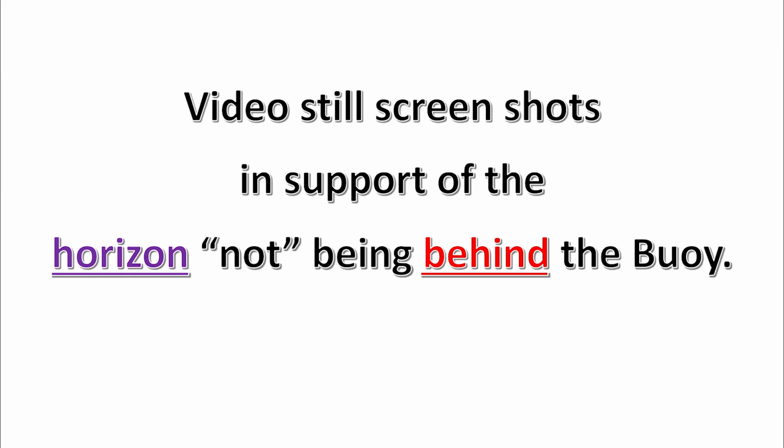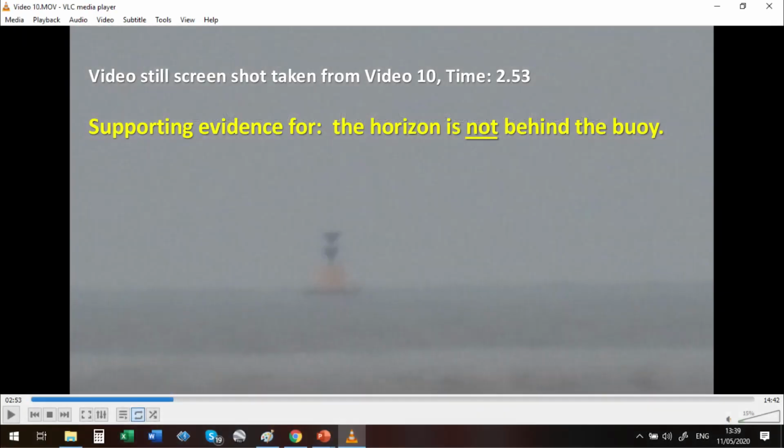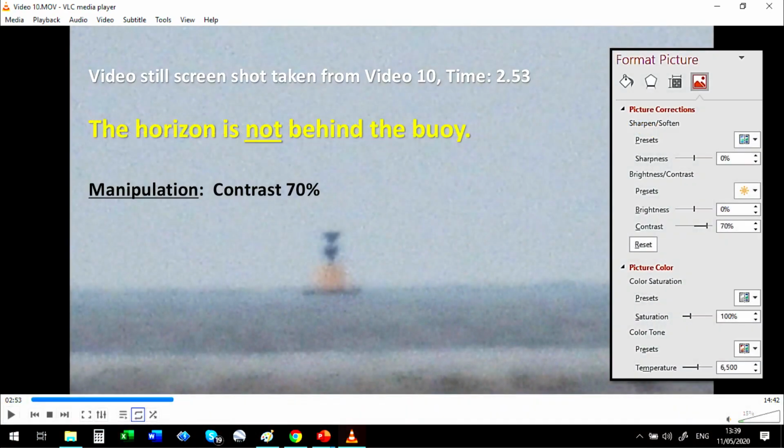Video still screenshots in support of the horizon not being behind the buoy. Video still screenshot taken from video 10, time 2 minutes 53 seconds, supporting evidence for the horizon is not behind the buoy. The horizon is not behind the buoy. Manipulation contrast 70%.